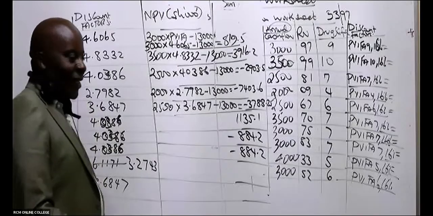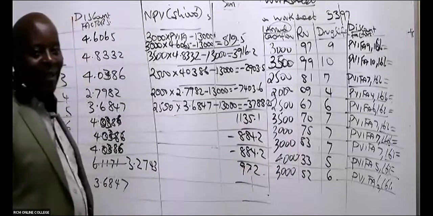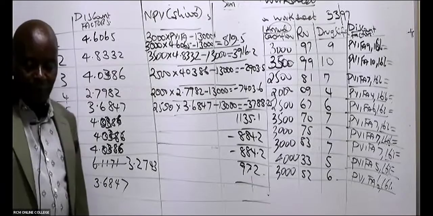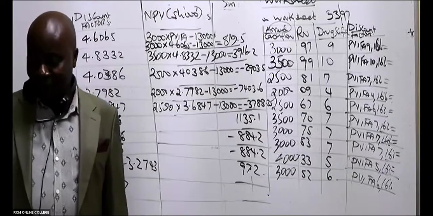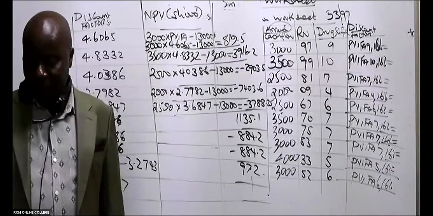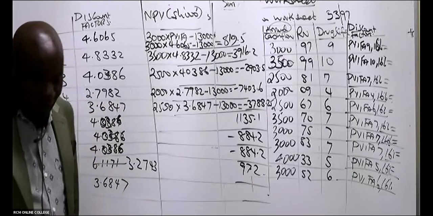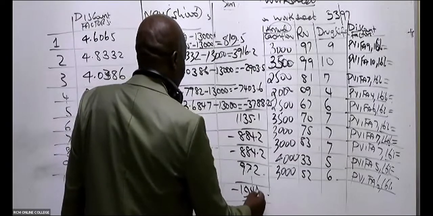They're getting 97.2. Check. But 96 is equally close, I would give you all the marks. Negative 1945.9.